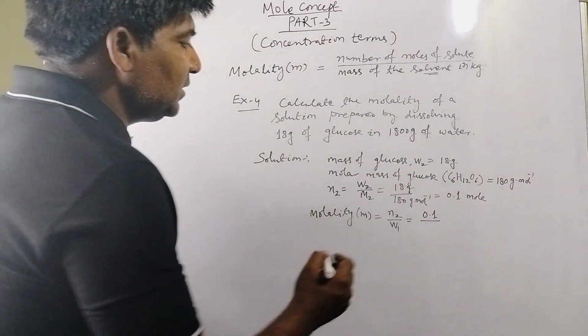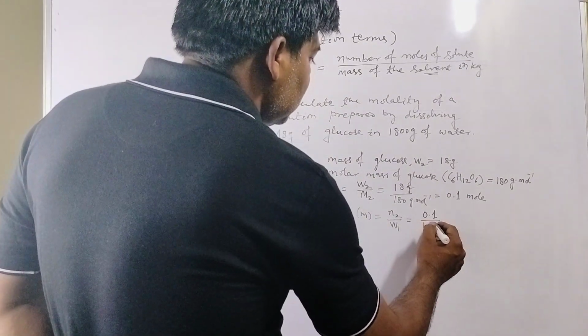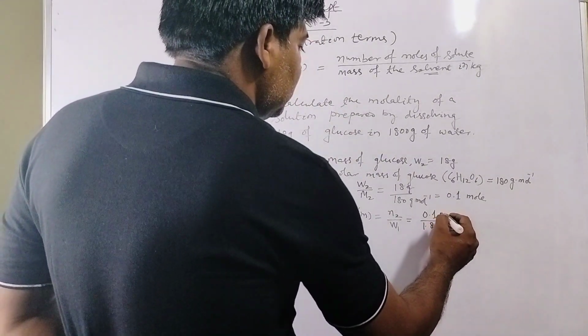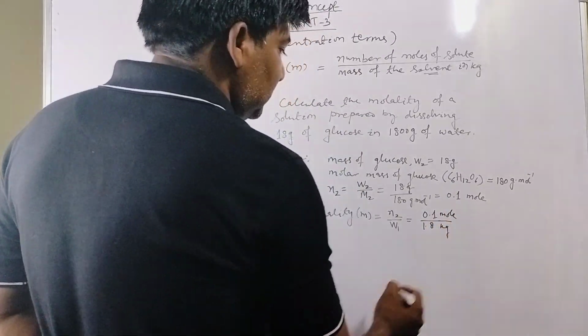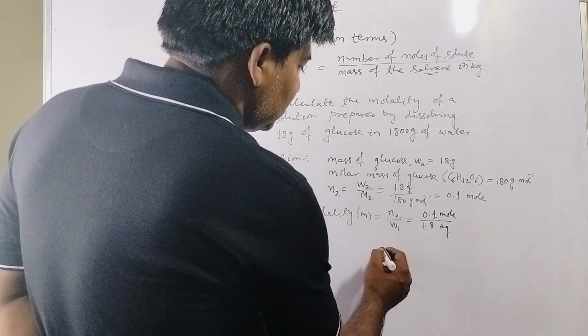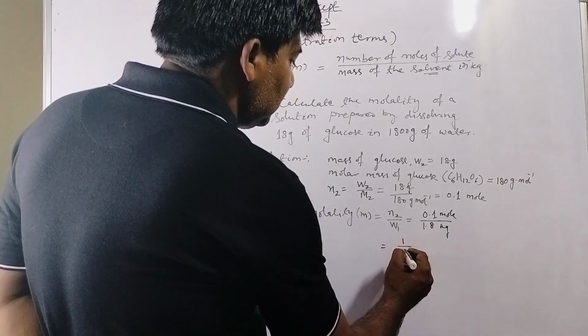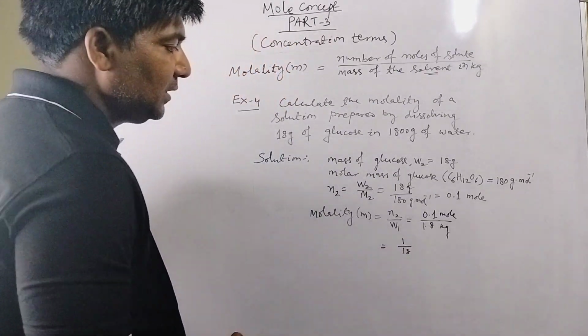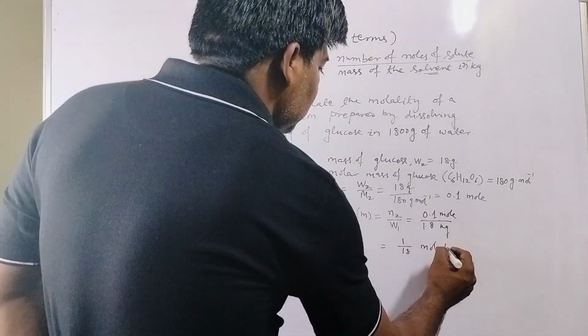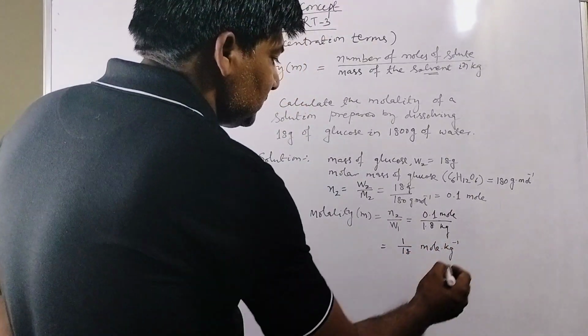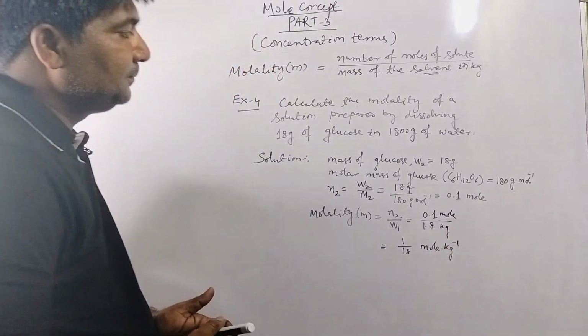So 1800 gram means 1.8 kg. 0.1 mole divided by 1.8 kg. That gives 1 by 18 mole per kg or kg inverse. Okay.